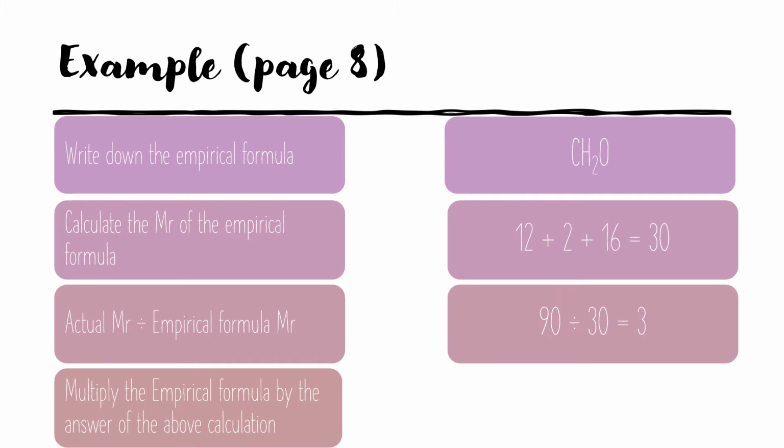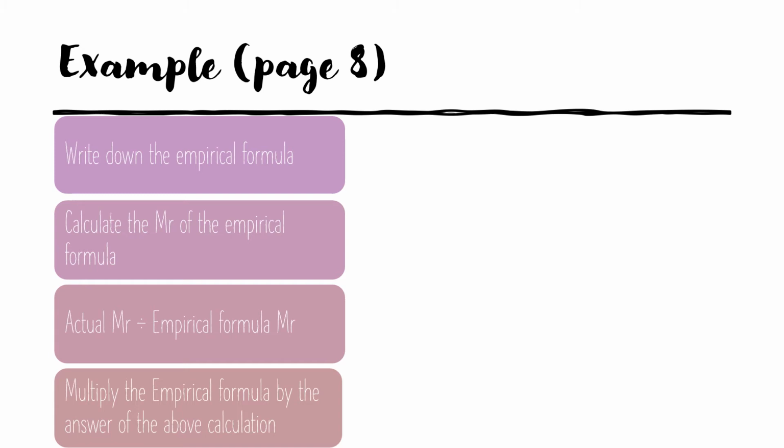Then we take our empirical formula and we multiply that then by our answer to the above. So we're going to take CH2O, multiply it by 3. So we put brackets around the empirical formula, put the 3 to the outside to remind us we've got to multiply it, and then it is C3H6O3. And that's your answer to the first example.